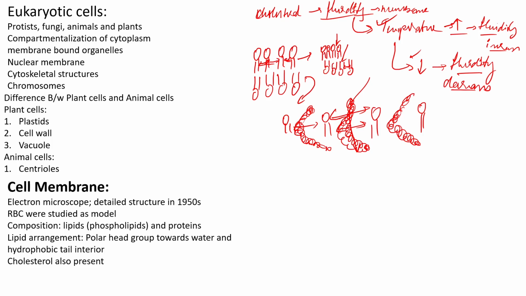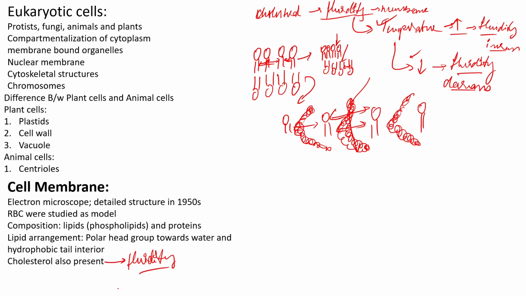Similarly, in the case of lower temperature, cholesterol is added to create some space between the phospholipid molecules. As a result, the fluidity is brought back to normal. So the main role of cholesterol is that it plays an important role in the fluidity. Remember this.